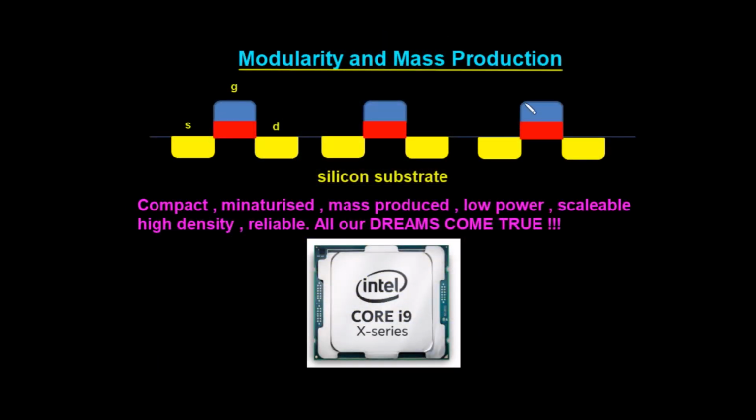Now the real beauty in the process of producing a MOSFET is the idea of modularity in mass production. We can take one of these devices and stick next to it another device and another, and in fact we can stick together hundreds of millions of them, and we can join them together to produce Boolean functions or logic functions, and ultimately we can use this simple structure in order to produce an Intel Core i9 processor.